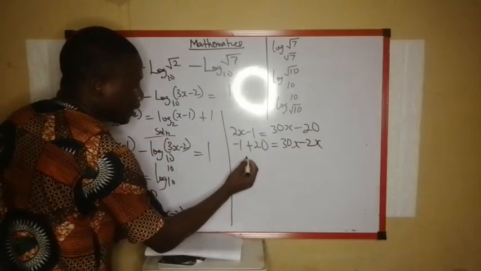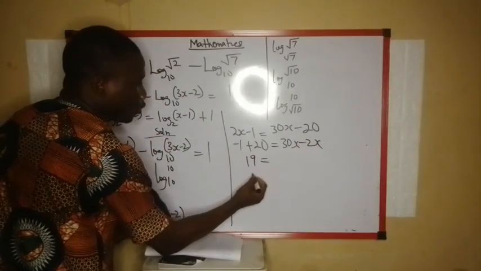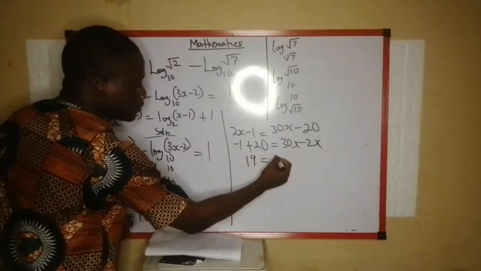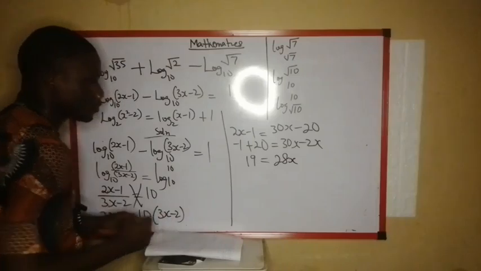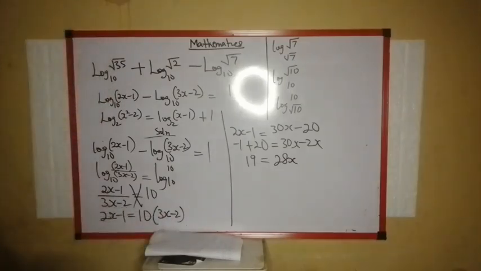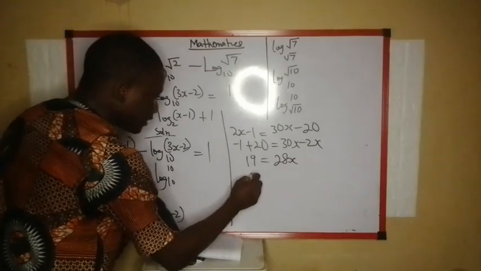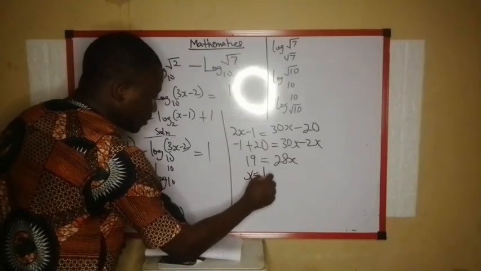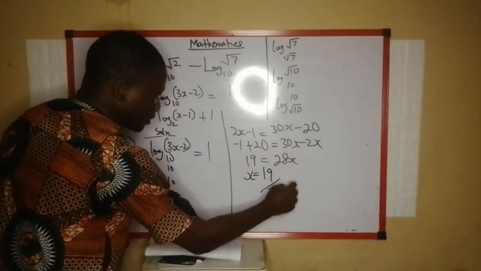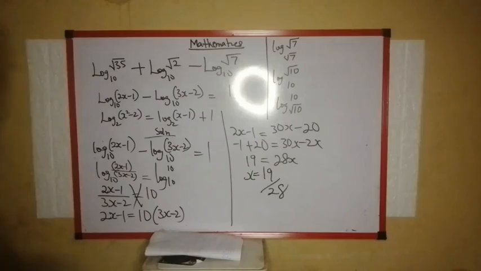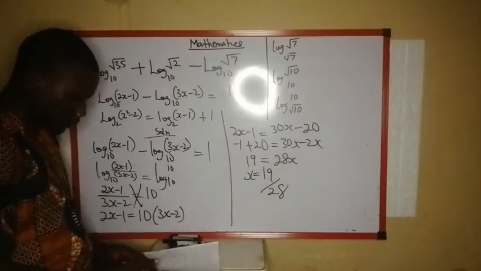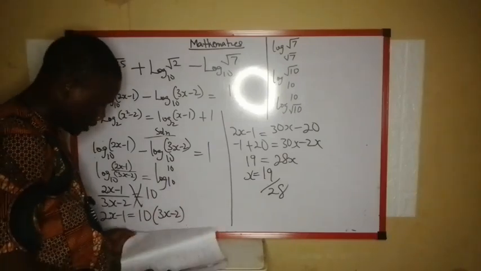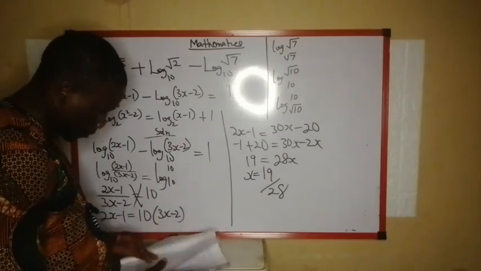We now have 19 equal to 28x, and this implies that x equal to 19 over 28, which is a very simple question which we have solved right away.